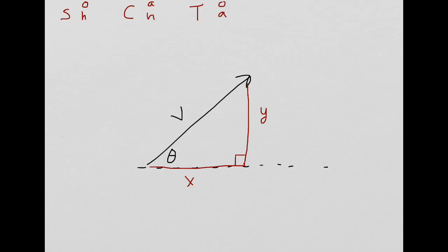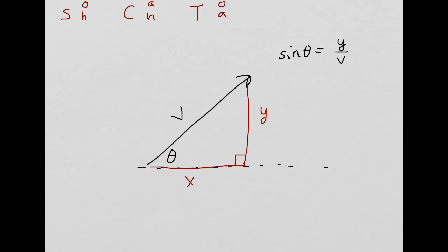Okay. So if I want to describe, let's say, the vertical component, I would do sine of theta, which is the angle that the cannon is shot at, equals opposite, so opposite the angle is y, over hypotenuse, which is v.